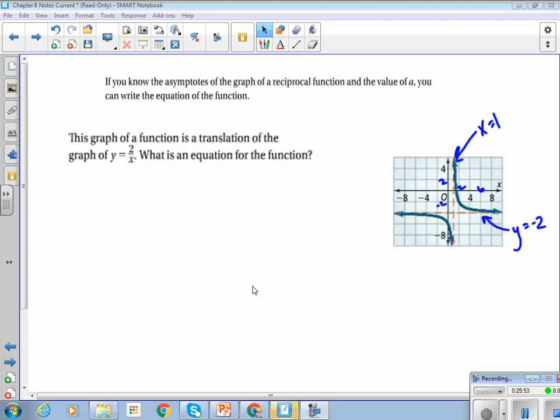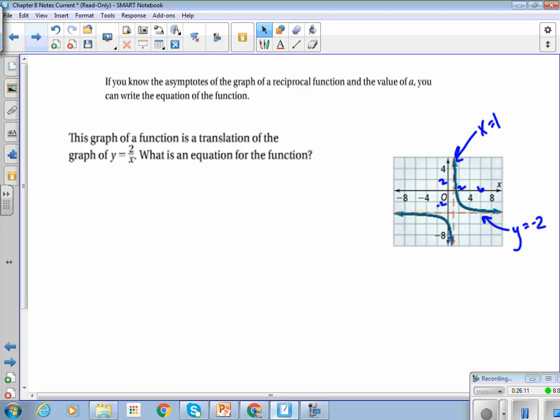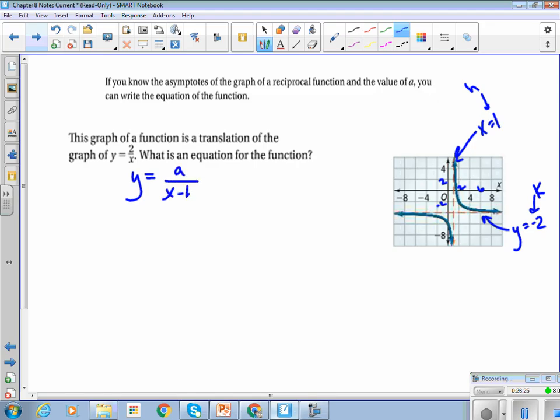So from that information we highlighted here, we know that our vertical asymptote is at x equals h. So we already know the h of our function just by looking at the graph. And the vertical asymptote is at x equals h, and the horizontal is at y equals k. So we can take our function and plug in our values.